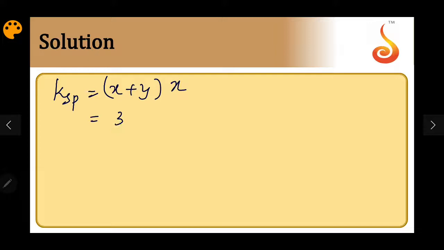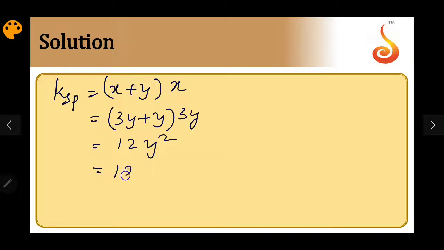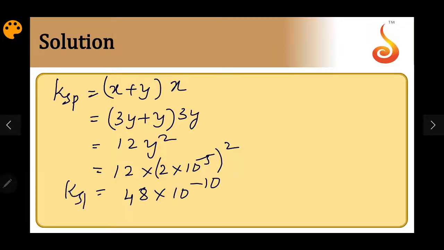So (3Y+Y) × 3Y. So 3Y plus Y is 4Y, 4 into 3, 12Y². So we know Y, 12 × (2 × 10^-5) whole squared. 12 into 2 squared is 4, so 48 × 10^-10. This is Ksp of calcium carbonate.